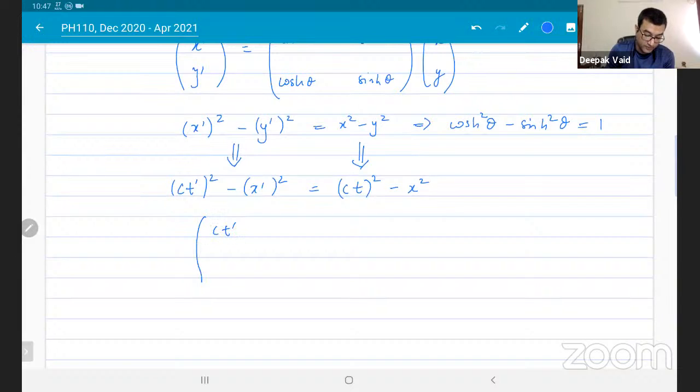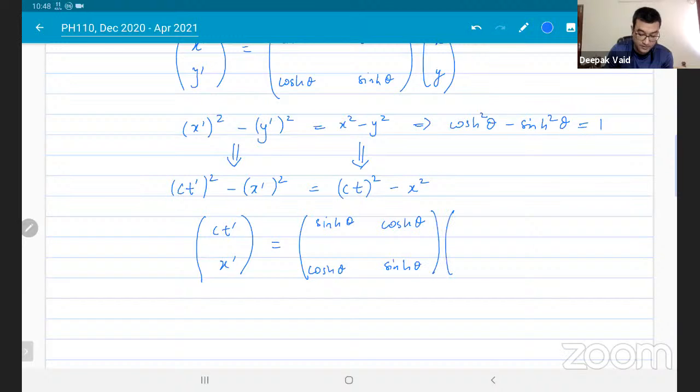So what is my transformation now? ct prime, x prime, these are my new coordinates. There is a factor of c, but that's just a constant factor, so that just shows up as a multiplicative factor. Okay? Is equal to cosh theta, sinh theta, sinh theta, cosh theta times ct, x.